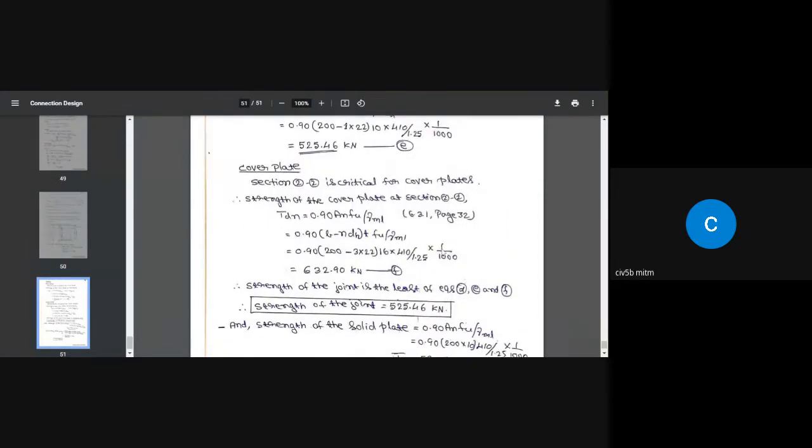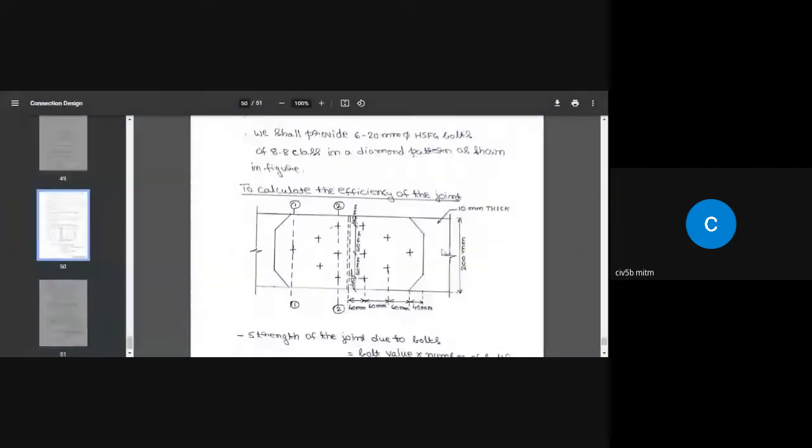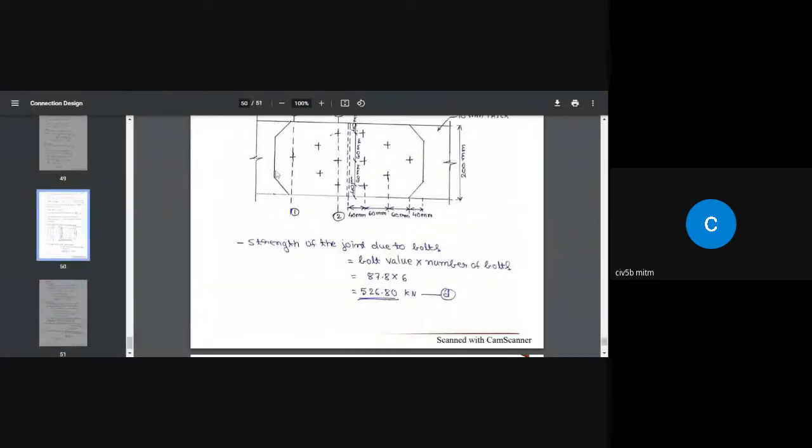For example, if I go back up, look here. If I consider this width of one pitch, we are going to come across one bolt within that width and also half bolt here, half bolt, that is 1.5 bolts.